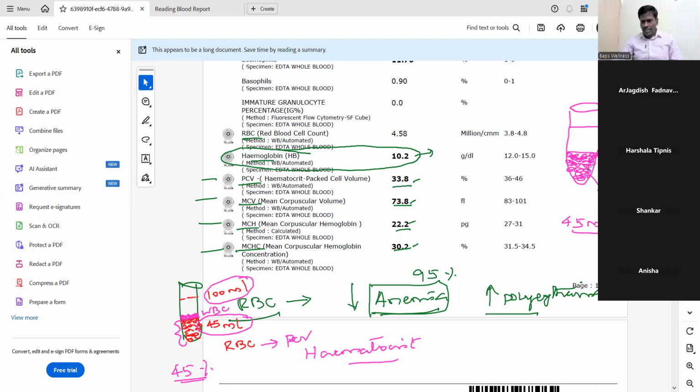So we count how many red blood cells are there in this unit of blood. That is called the red blood count, the RBC count, which is mentioned here. So how many cells?